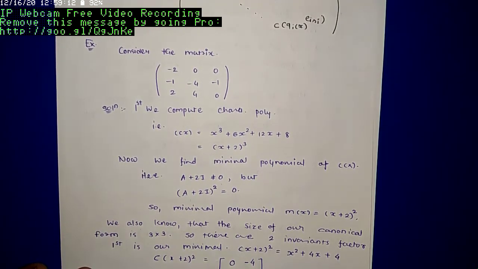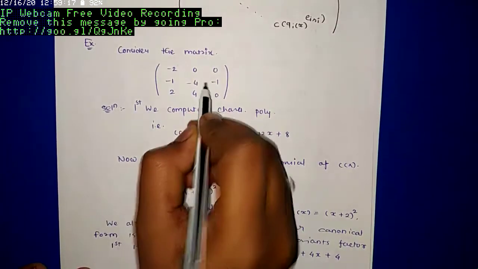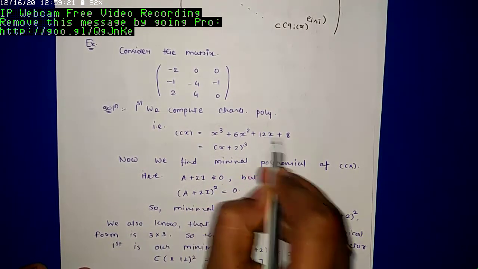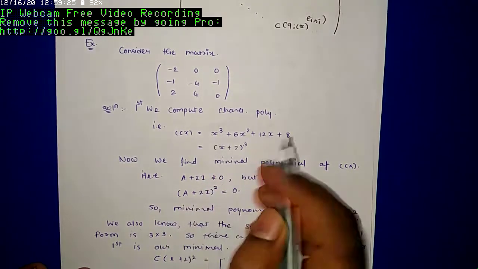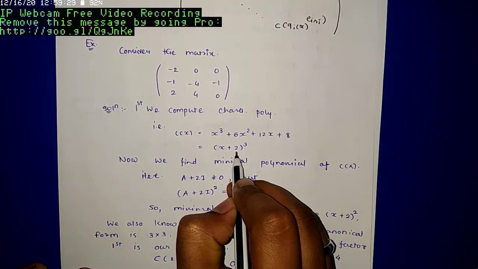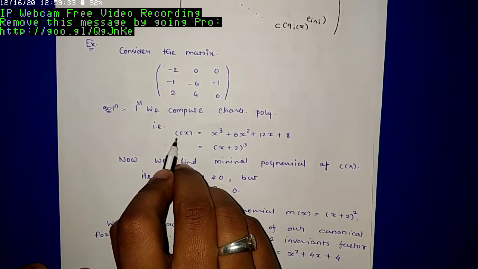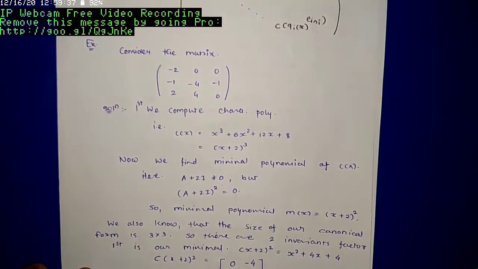Okay, let me take this matrix, and if we want to find C(x), then C(x) is nothing but x cube plus 6x square plus 12x plus 8. Clearly we cannot find all its eigenvalues in the field R, so we want to go towards the rational canonical form.